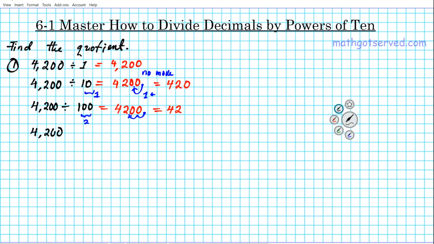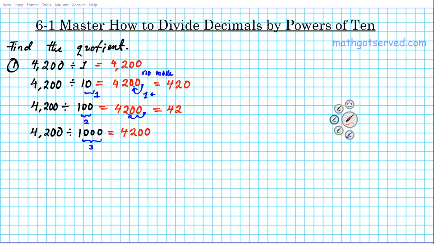Alright, let's take a look at one more example. Let's say we have 4200 divided by 1000. Now we're dividing by a power of 10 that has 3 zeros. Our result will definitely be smaller. Since there are 3 zeros, we know that the decimal point is going to be moving to the left 3 places. So we have 4200.